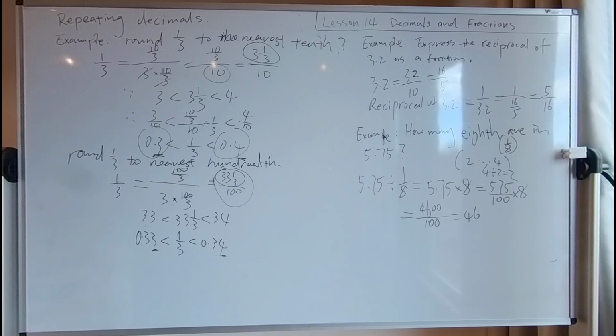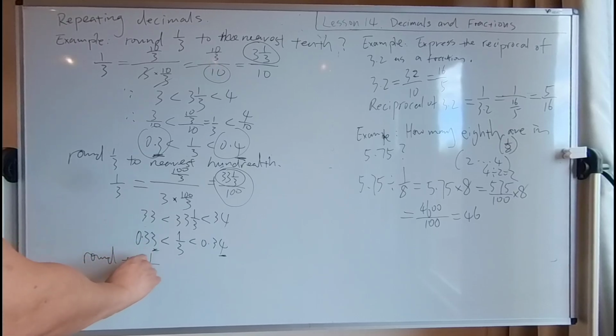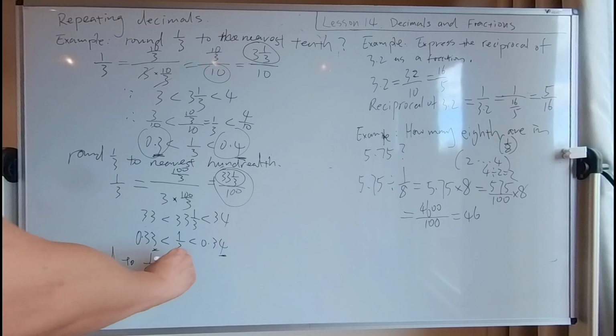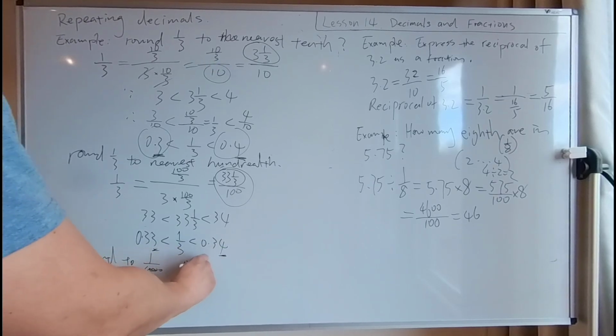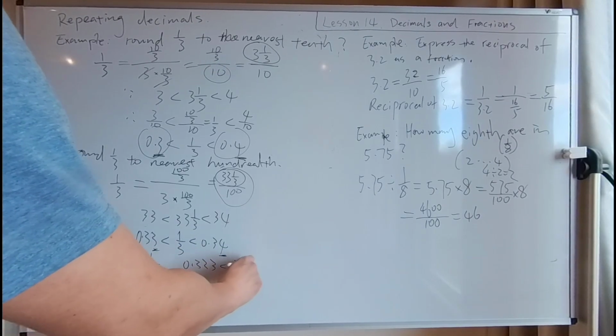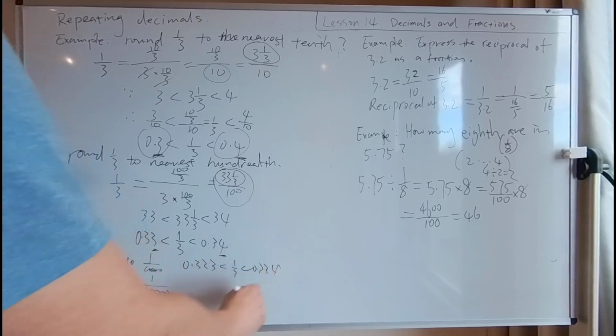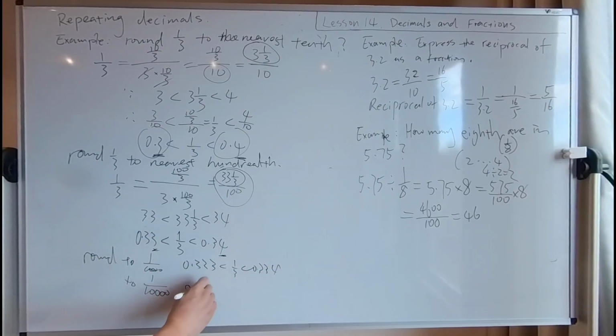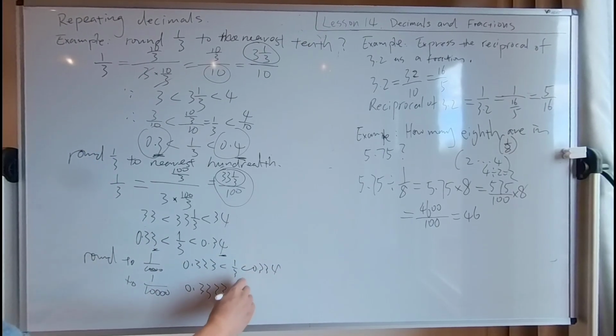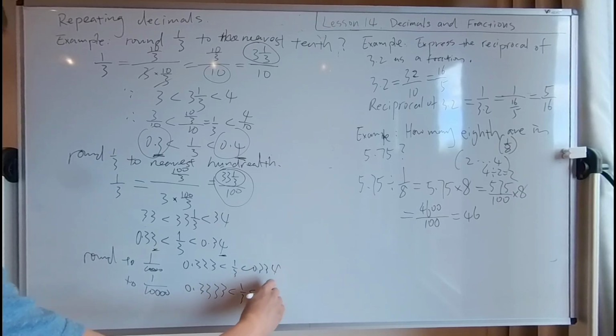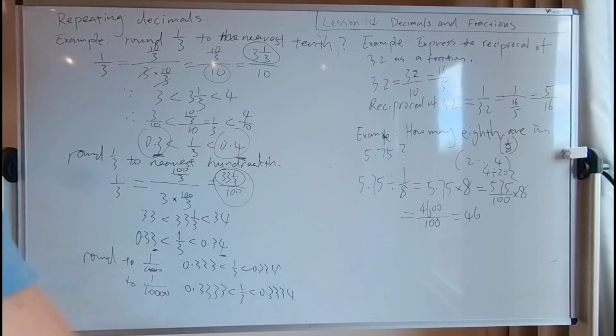Now do you see a pattern? If I keep going, if I want to round to thousandths, basically 3 digits, or round to ten-thousandths, 4 digits, it will keep going as 0.333 to 0.334, or 0.3333 to 0.3334.